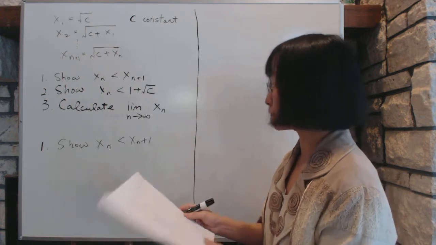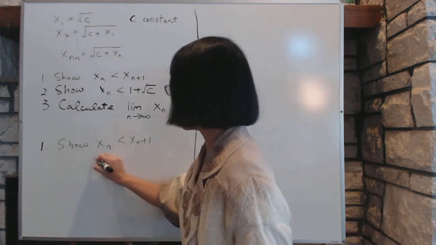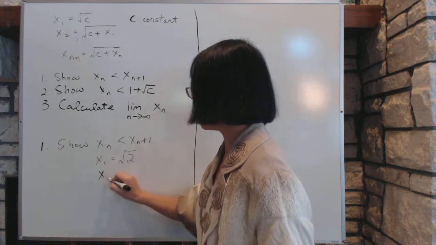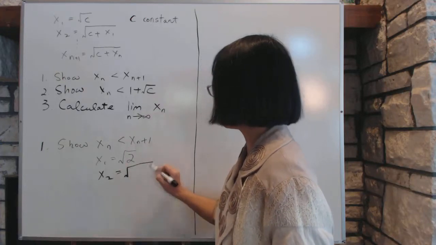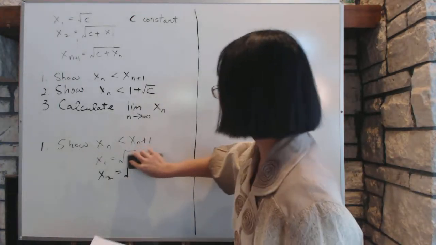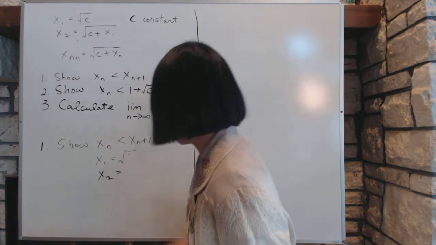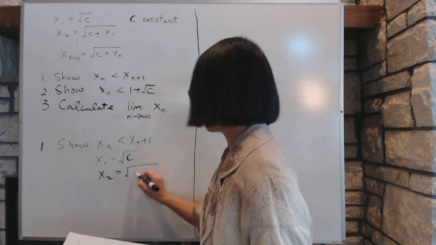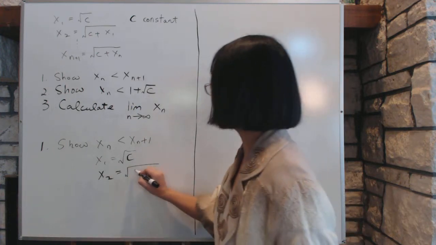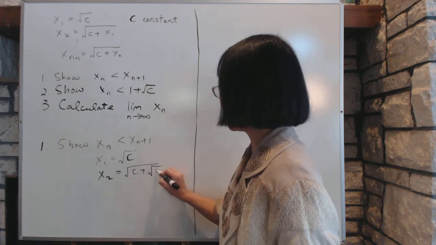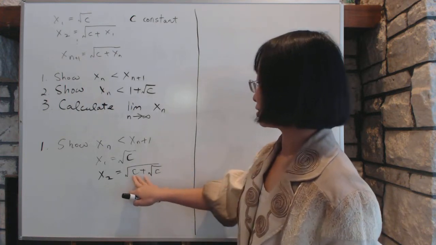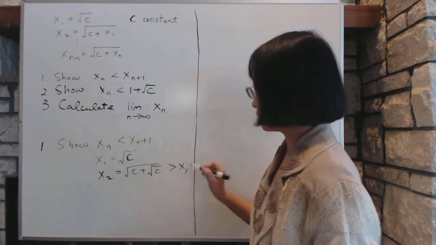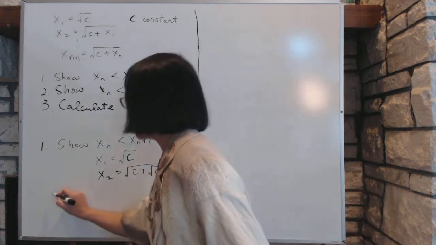To do mathematical induction, you first have to show the first step. x1 is the square root of c. x2 is the square root of c plus square root of c, and if you add something to c, it is bigger than c itself, so this is definitely bigger than x1. So that's good. And then next we do the assumption.